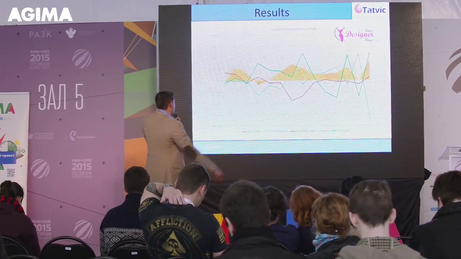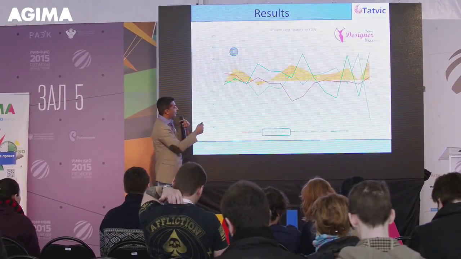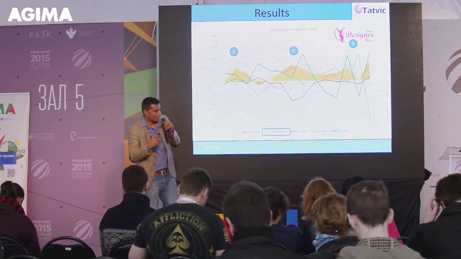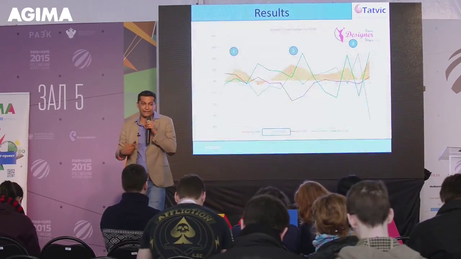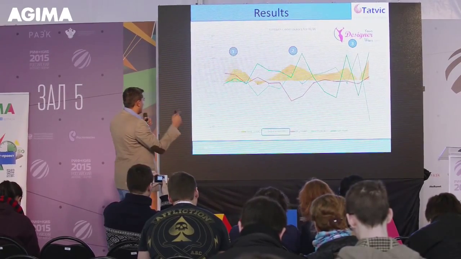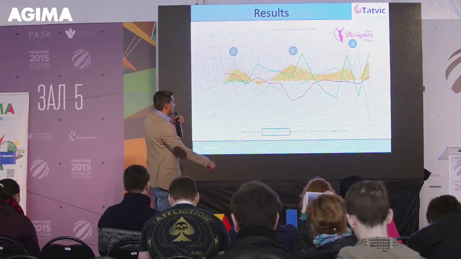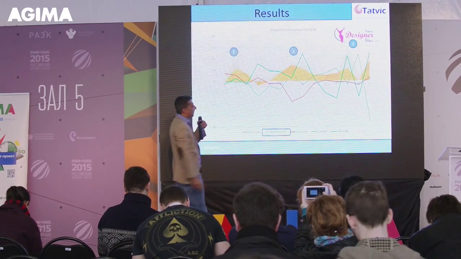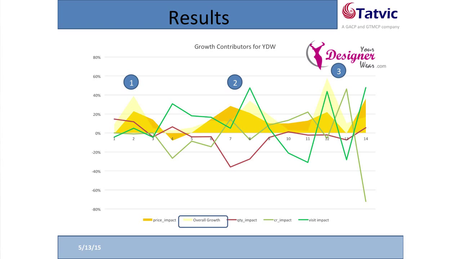We had three spikes in the growth rate. Each of these three spikes either coincided with a price improvement or was preceded by one. If you see the second one, there was a price improvement and then the growth resulted from price.